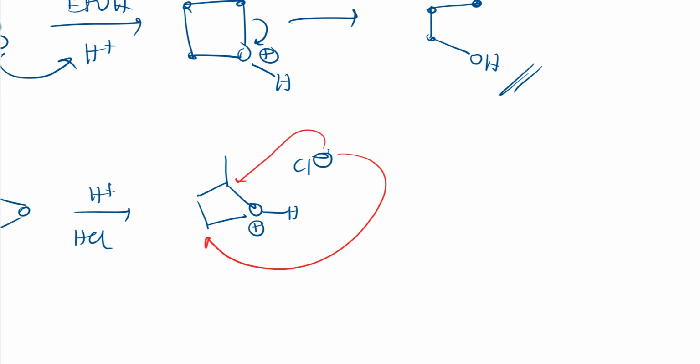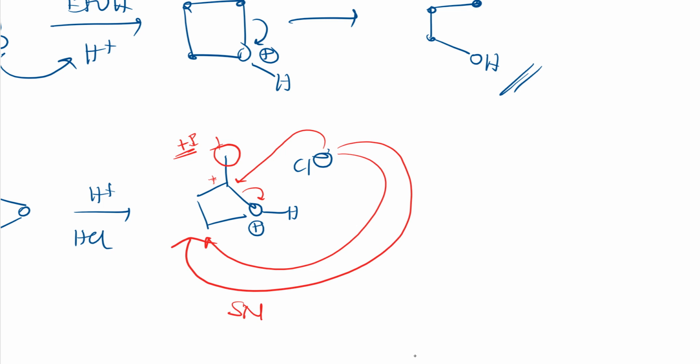So this methyl is there. If this bond breaks, a carbocation is formed here. That carbocation is not that stabilized by this methyl because only the plus I effect is there. So the plus I effect does not give much stabilization to this positive charge. So this chlorine will attack from this side only, the less hindered side. So it will do an SN2 reaction, right? So less hindered side.